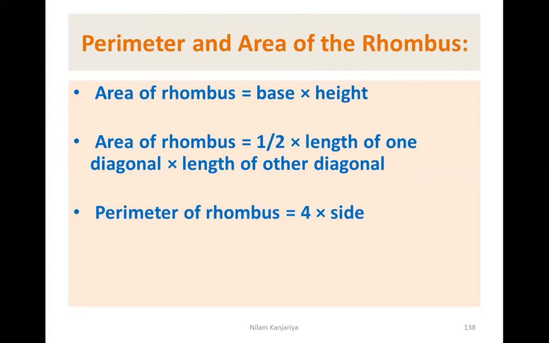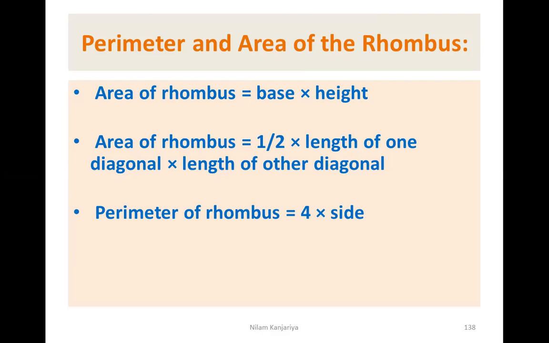We also discussed the area and the perimeter of the rhombus. For the area of the rhombus, it is base into height. Sometimes if you have the diagonals, you take the product of the diagonals and divide by 2. The perimeter of the rhombus is 4 times side, because all sides of the rhombus are equal.